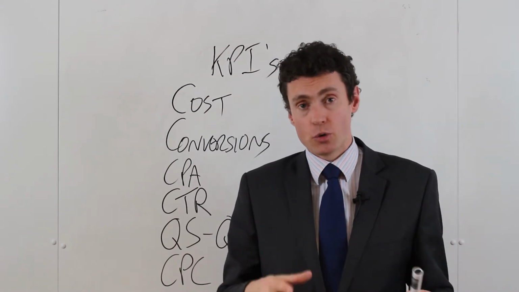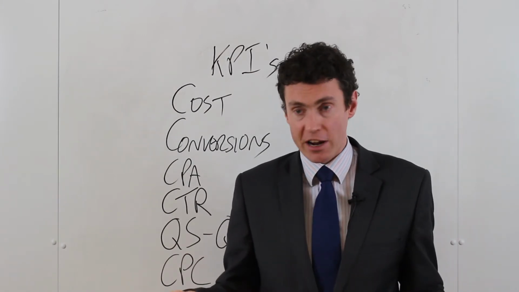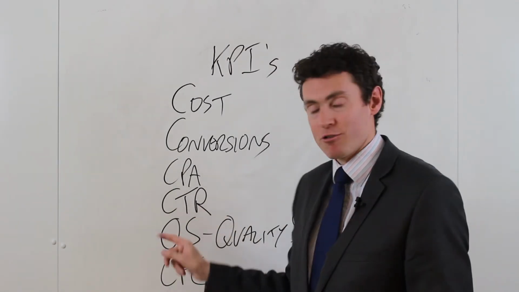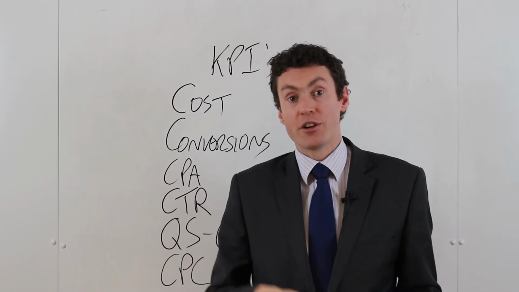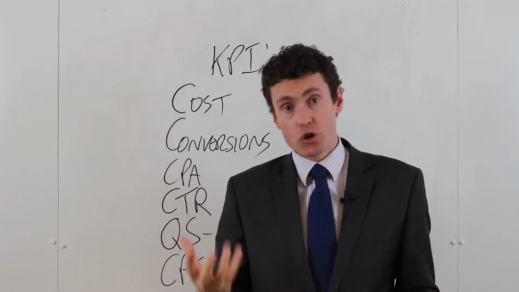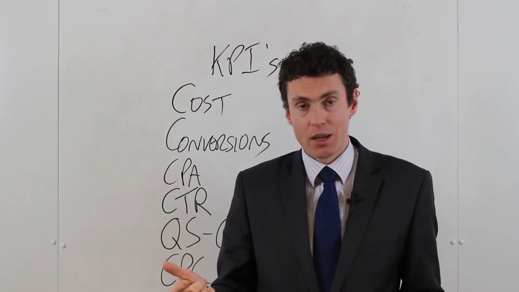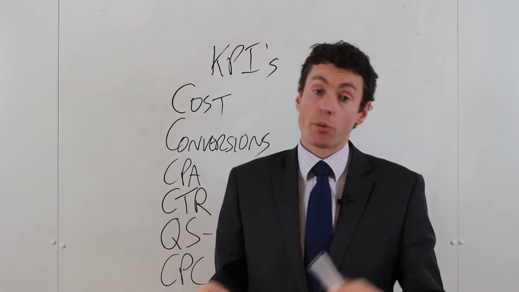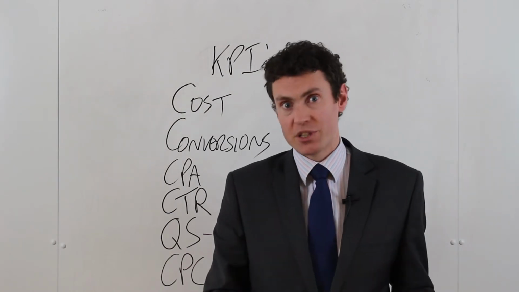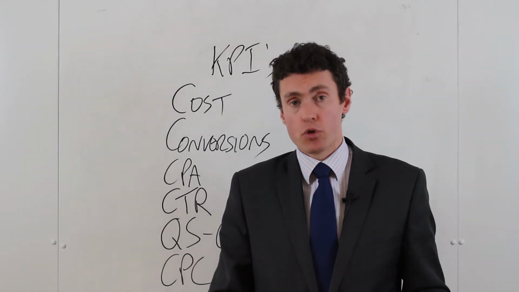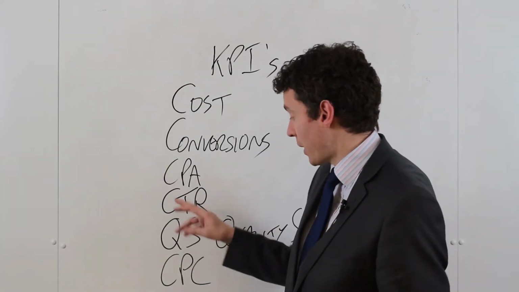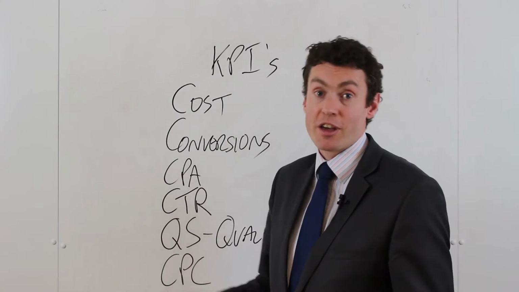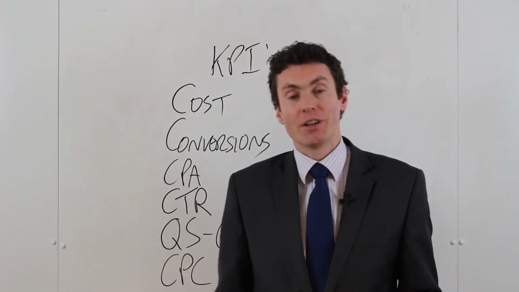Now, there are lots of different factors when Google calculates this quality score, but the biggest single factor is your click-through rate, because that is an indication that your ads are relevant and interesting to the people that are searching. So if your click-through rate is dropping below, say, 2%, or if it drops below 1%, or it drops below 0.5%, you really need to look at what you can do to improve and raise that click-through rate so that you pay a lower cost per click because you'll have a higher quality score, so that your overall cost per acquisition is lower.